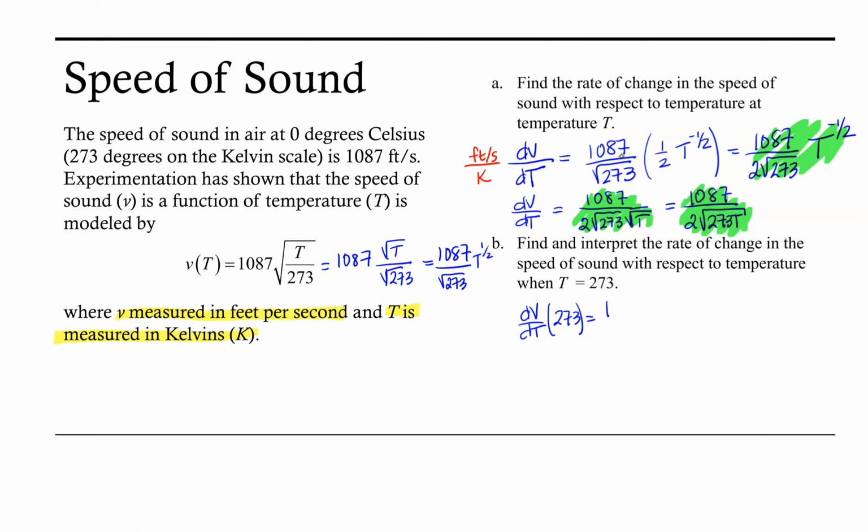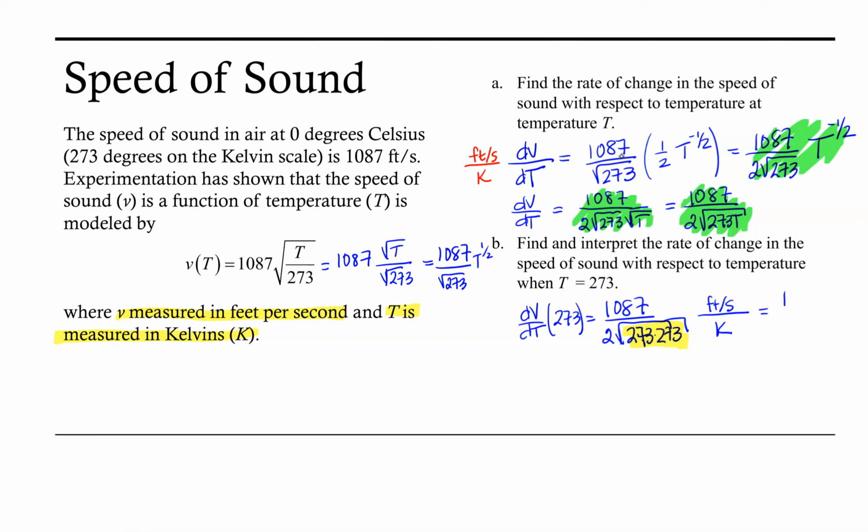Well, that will be 1087 over 2 times the square root of 273 times 273, and our units here will be feet per second per degree Kelvin. Notice that I've basically got 273 squared underneath a square root.